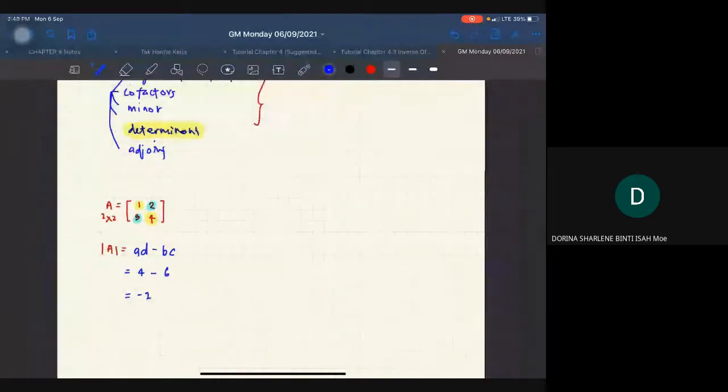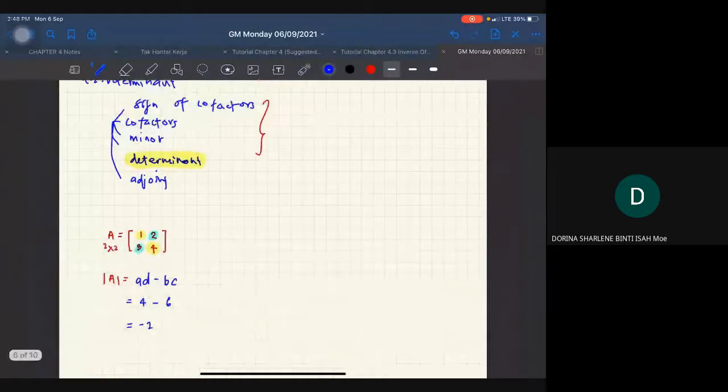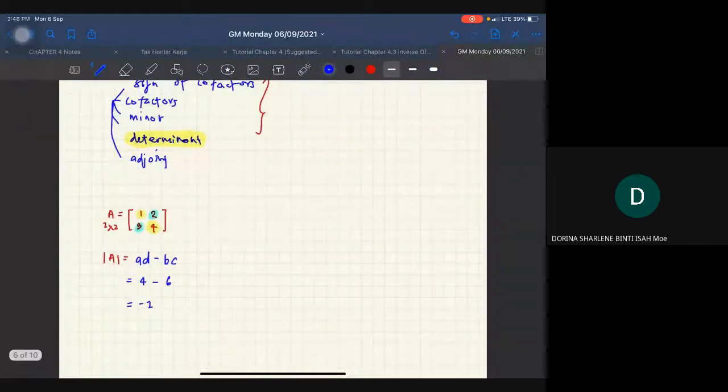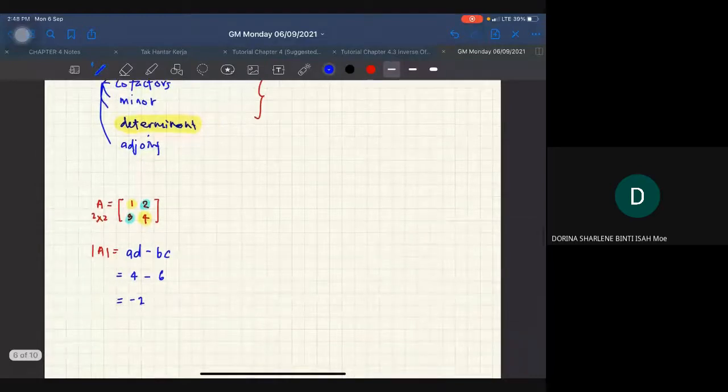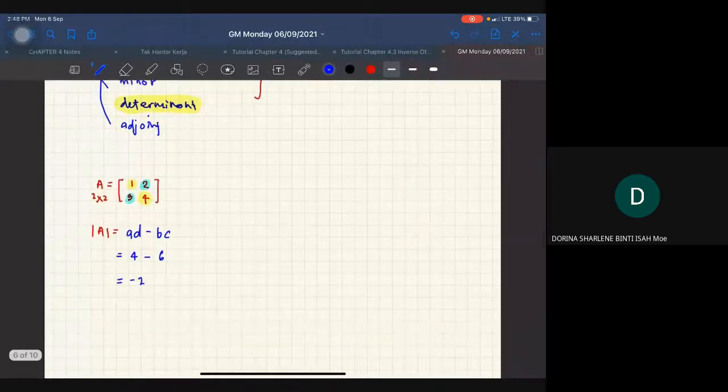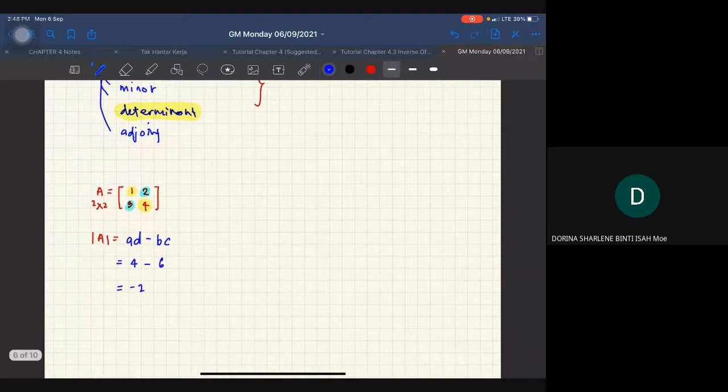Okay, so yang mencabar dia is bila awak ada 3 by 3 matrices. Okay, so untuk syllabus kita, matrix, so awak cuma akan belajar macam mana nak solvekan soalan yang berkaitan dengan matrix paling tinggi pun 3 by 3 sahaja. So awak tak akan jumpa matrix yang lagi atas daripada ni.